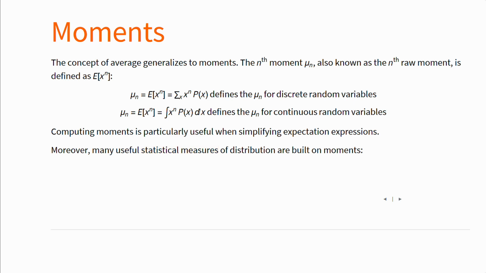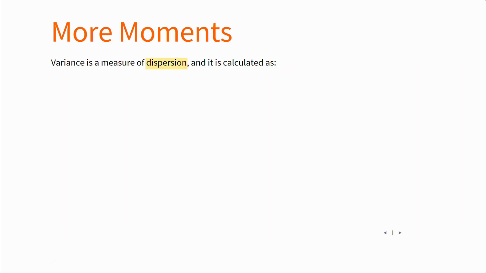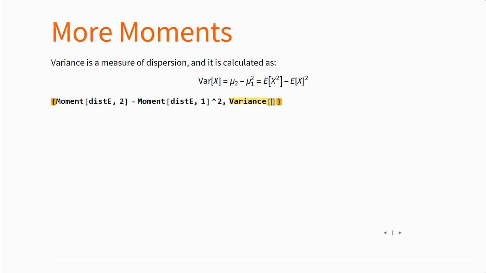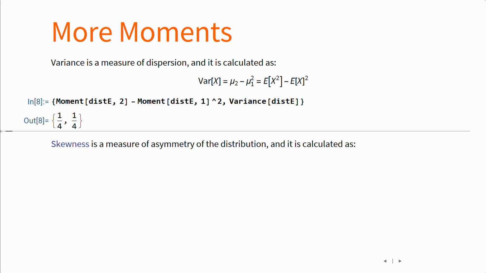Okay, let's start. The first moment is the same as the mean, as you can see. Then the second characteristic is the variance, which characterizes dispersion. It's calculated as the second moment minus the first moment squared, or just the variance function. The third characteristic is the skewness, which characterizes the asymmetry of the distribution.